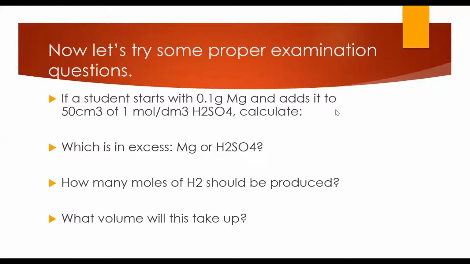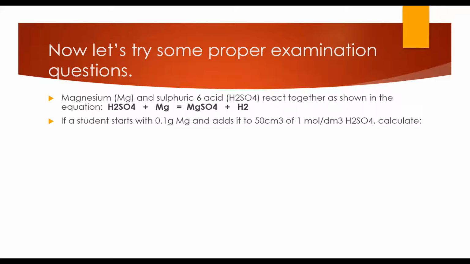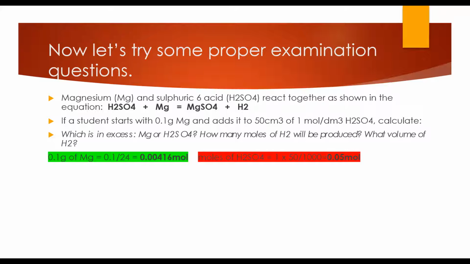For the first bit: which is in excess, Mg or H2SO4? There's the equation. 0.1 grams of magnesium is 0.1 over 24, which is 0.00416. And the moles of H2SO4 is 1 times 50 over 1,000, which is 0.05.